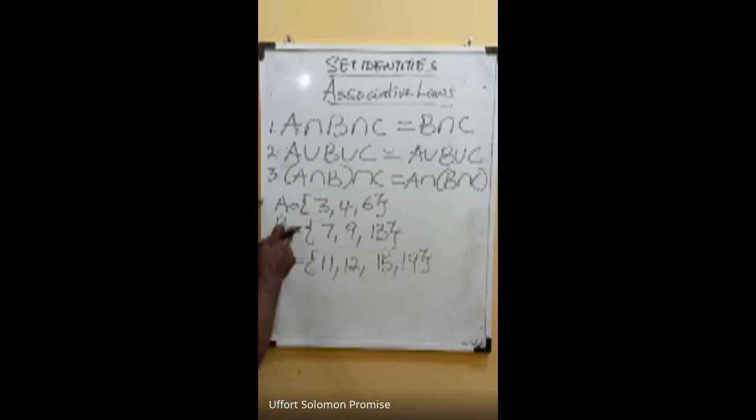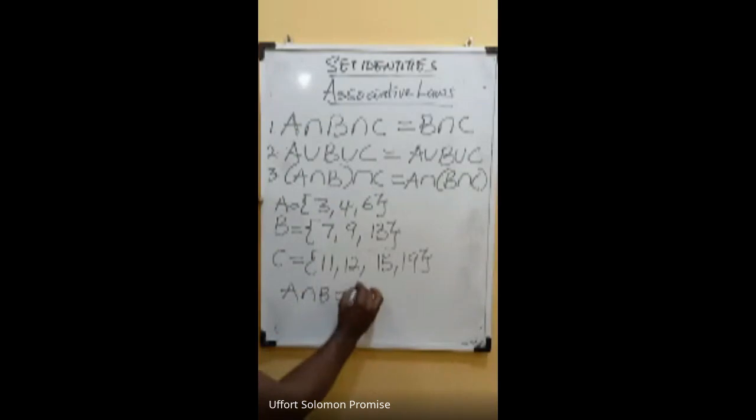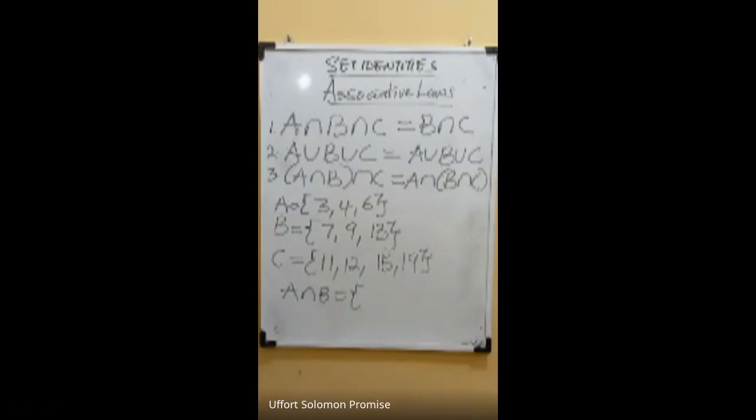So, what is the intersection of A and B here? Anybody? Mr. Jacob, what is A intersection B here? Please take note: intersection, not union. No intersection.